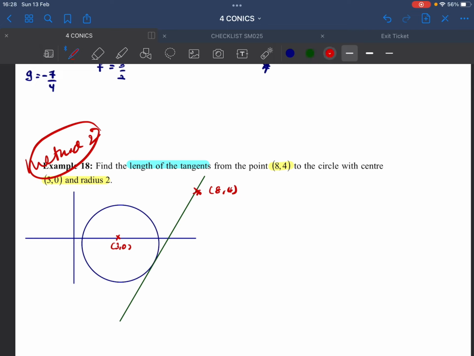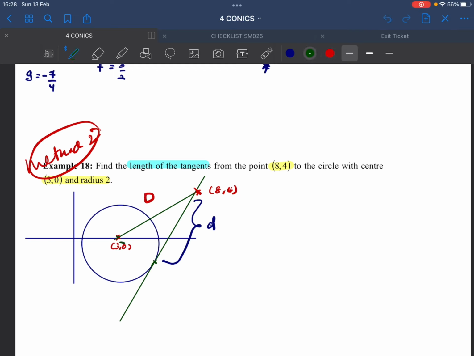So we know that we can find these two lines here. Before that, let's label this as d, which is the length of tangent. We can also find this line here, which is the distance between the two points, labeled as capital D. And we know that this is your radius.